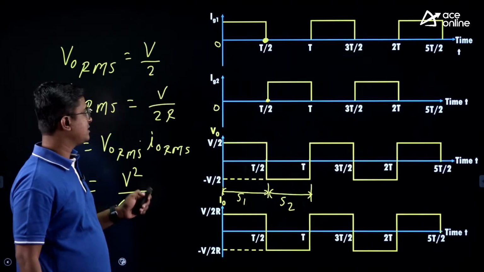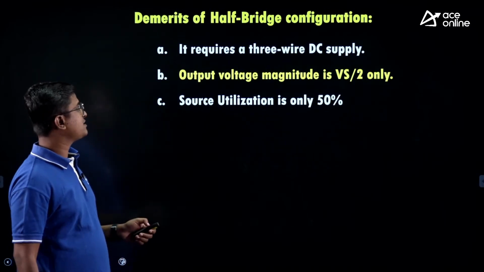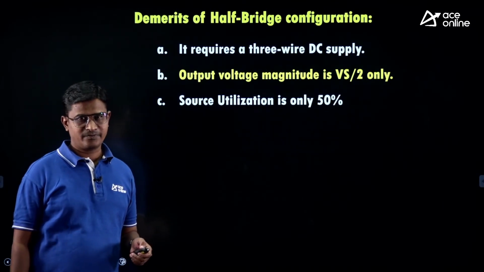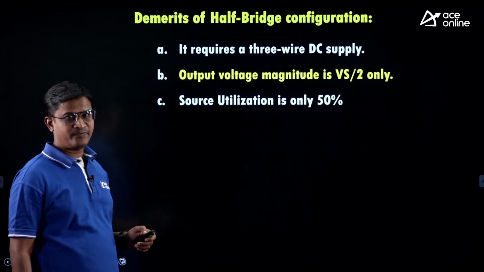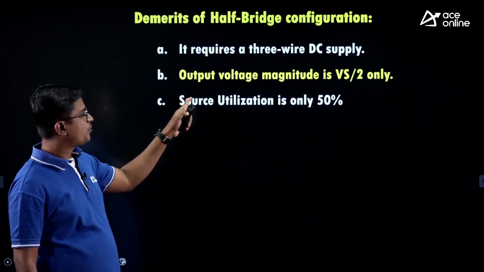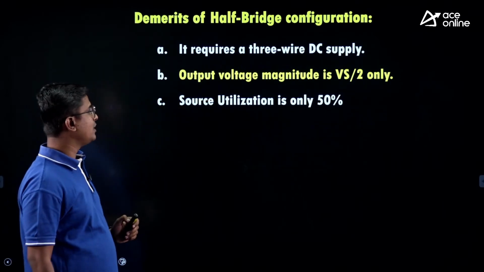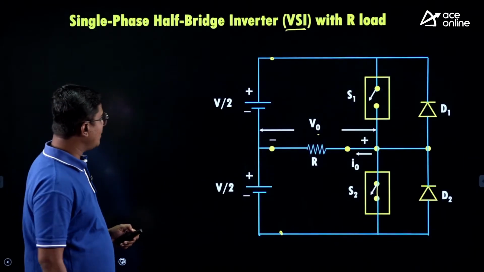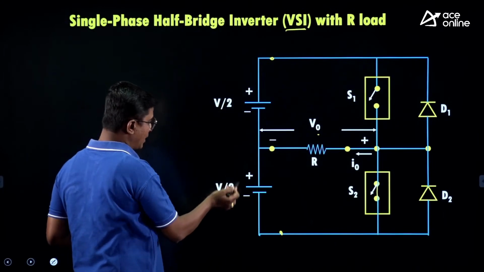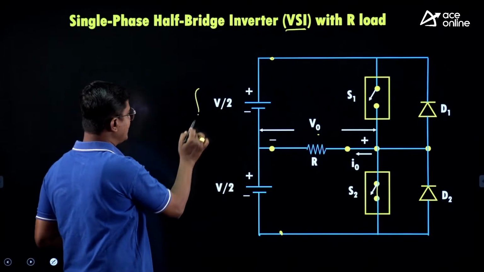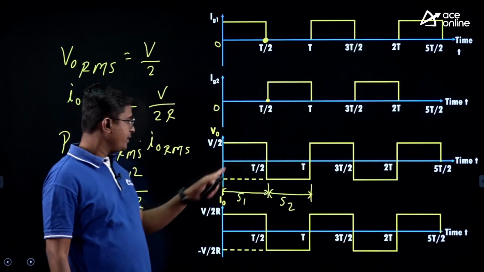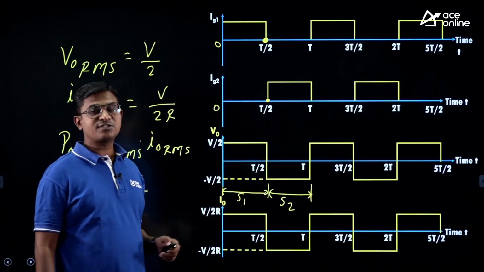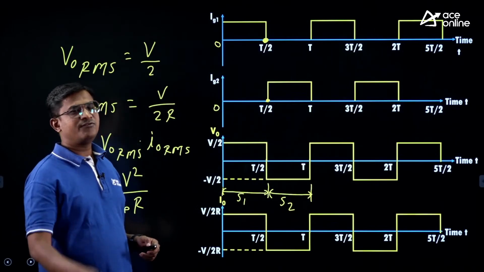Next, there are some demerits of the half bridge inverter. It requires a specially designed 3-wire DC supply. Second, the output voltage magnitude is Vs by 2 only. My total available voltage is V by 2 plus V by 2, that is V, but in the output I am getting only V by 2, which means my source utilization is only 50%.